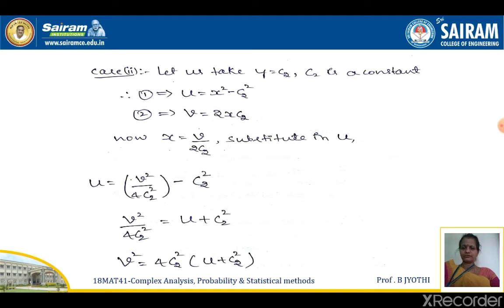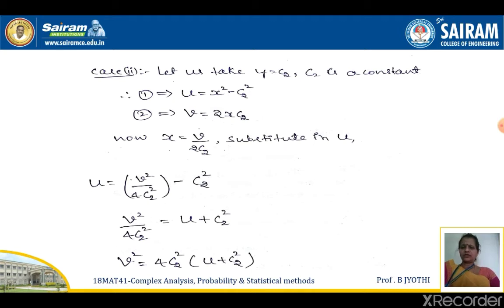Case 2. Let us take y as a constant, that is y equals C2, where C2 is a constant. Therefore, equation 1 implies u equals x squared minus C2 squared, and equation 2 implies v equals 2xC2.